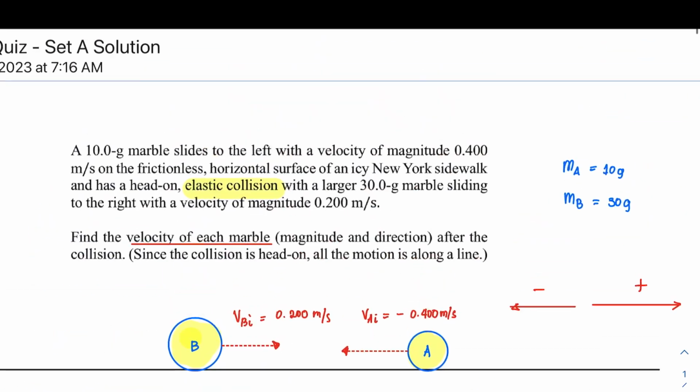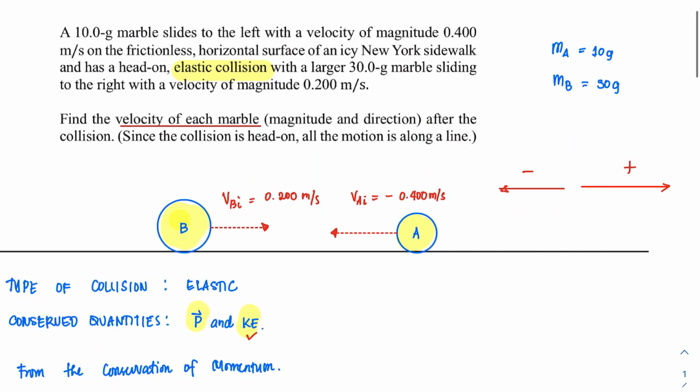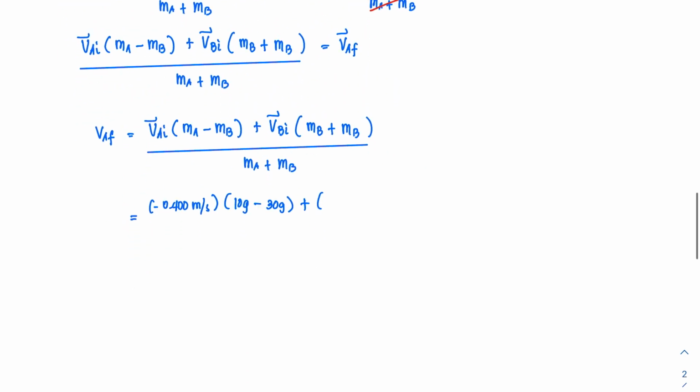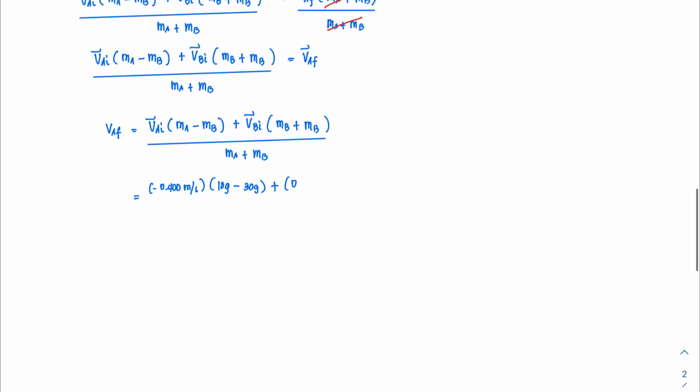Plus the velocity of VBI, if you go back to the problem, is going towards the right, so that's positive 0.200 meters per second, mass of B plus mass of B, that is just 2 MB.